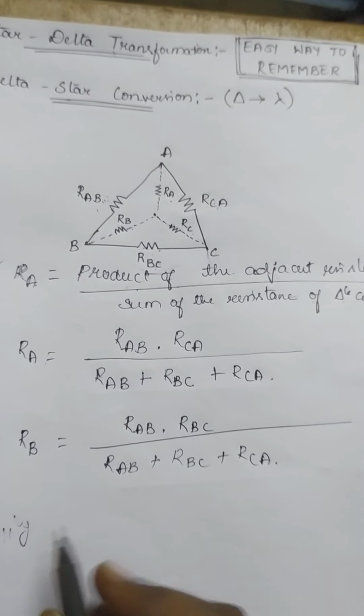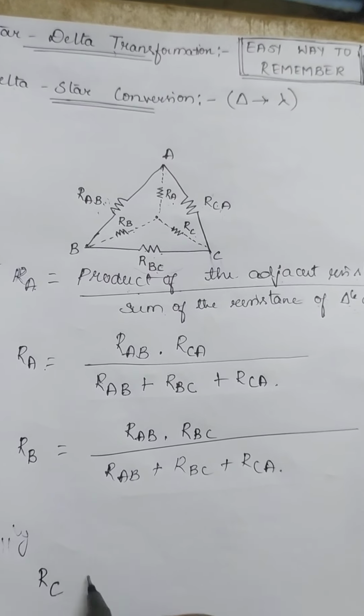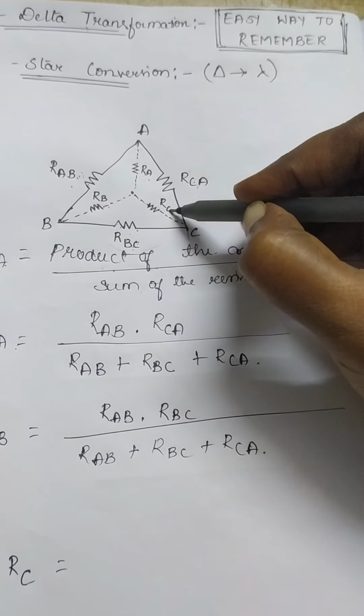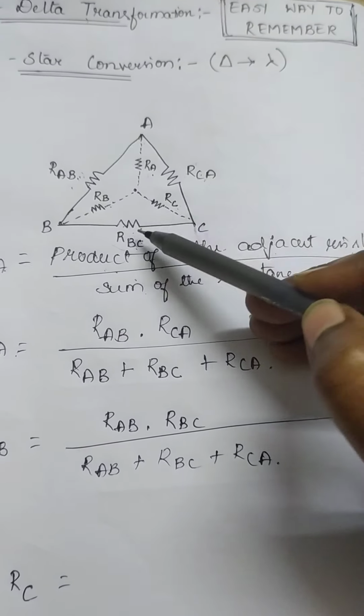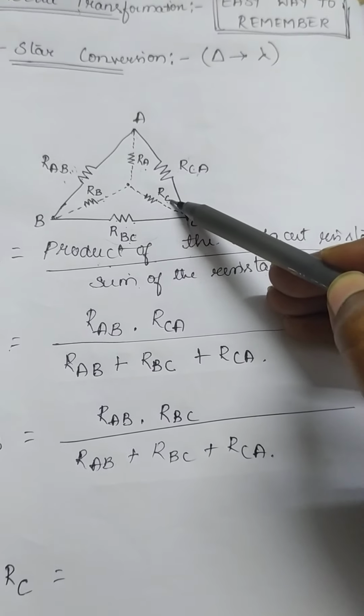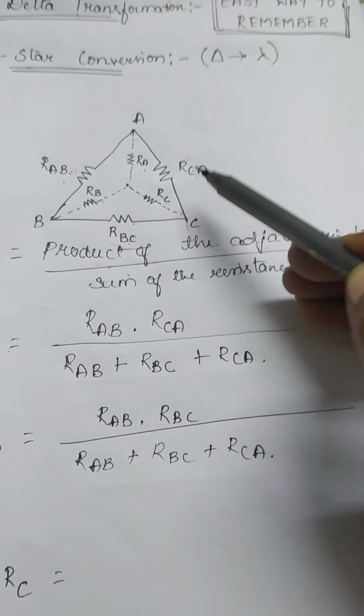Similarly for RC also. RC is equal to the product of the adjacent resistances. Now tell me what are the adjacent resistances of RC? RCA and RBC.